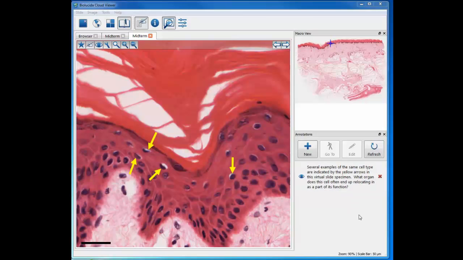Remember, Langerhans cells capture antigen in the epidermis, and then they migrate down in the tissues, get into a lymphatic capillary, and eventually end up in lymph nodes where they present the antigen to T or B lymphocytes. So only 56% of the class chose lymph node, lymph nodes, or lymph node, which we gave credit for.